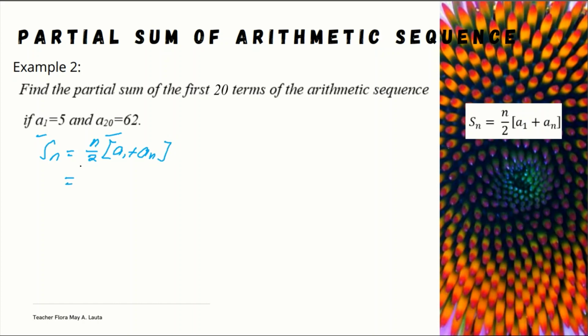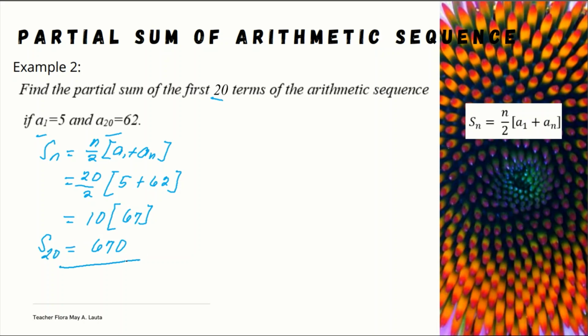Our n again is 20 divided by 2, and a sub 1 is 5 plus a sub 20, which is 62. So 20 divided by 2 is 10. 5 plus 62 is 67. So 67 times 10 is 670. And that is our sum of the first 20 terms.